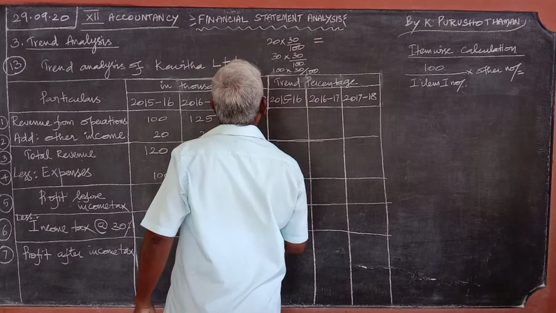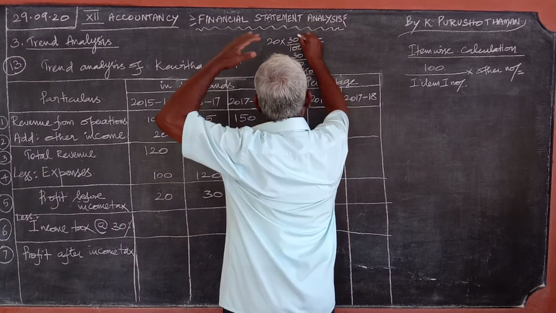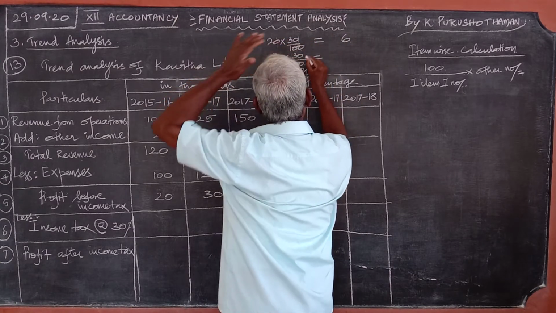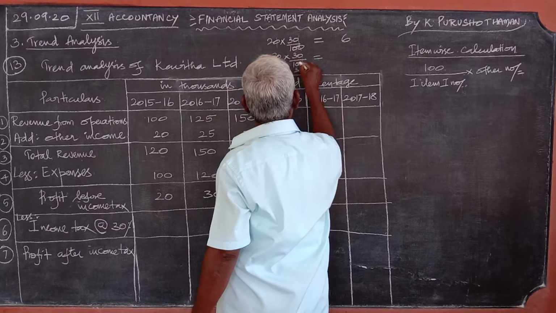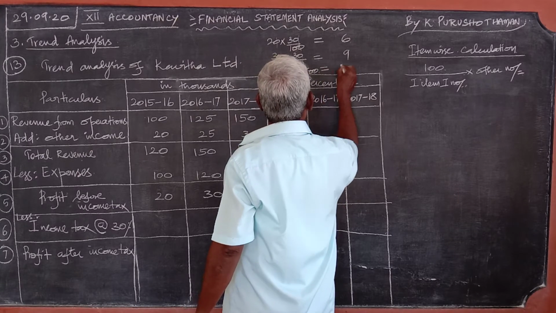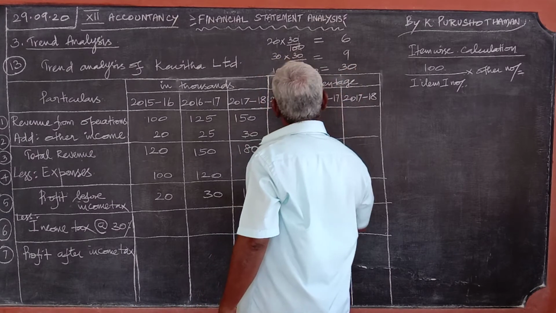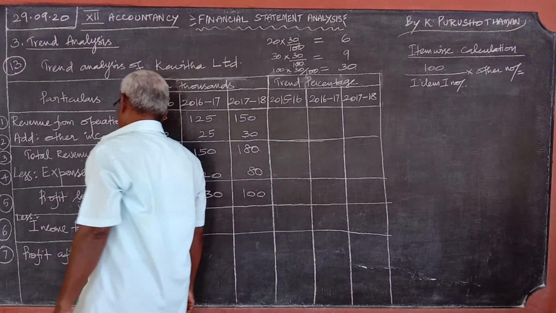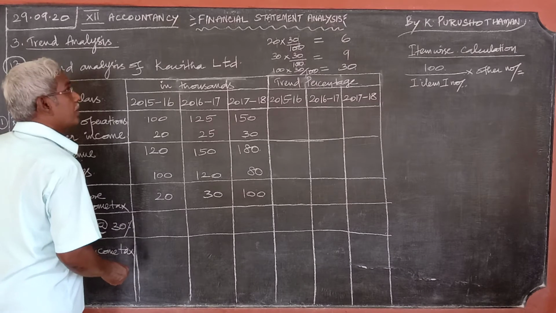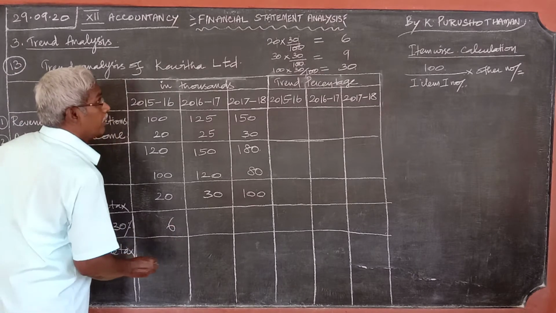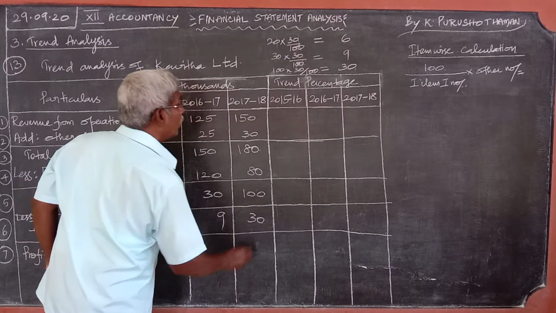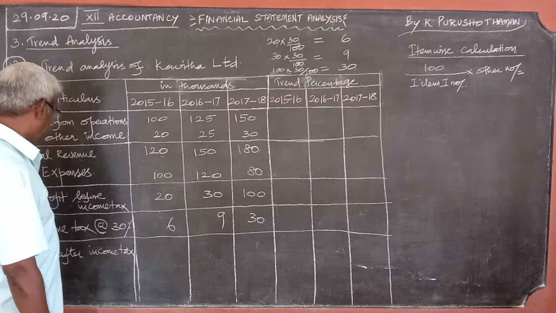That way we can find the income tax. 2 zeros cancel, 2 into 3, 6. And here 2 zeros cancel, 3 into 3, 9. Here 100 cancels, therefore 30. So what we must write for income tax? 6, 9 and 30. I hope you have understood the calculation.